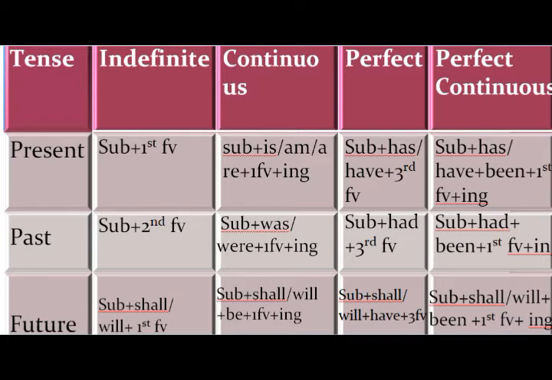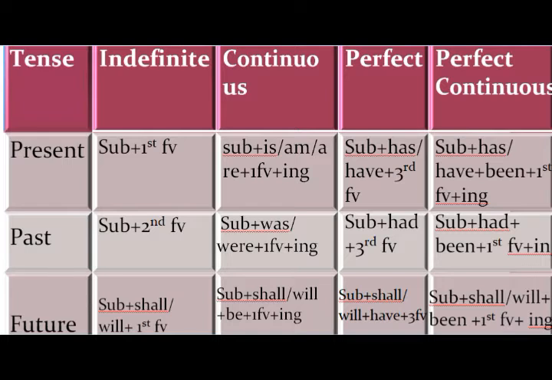perfect tense. So, if we talk about present perfect tense, then it's subject plus has or have plus third form of verb. And if we see past perfect tense, then it's subject plus had plus third form of verb. While in future perfect tense, we use subject plus shall or will plus have plus third form of verb.